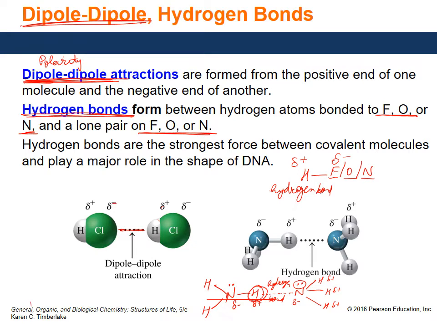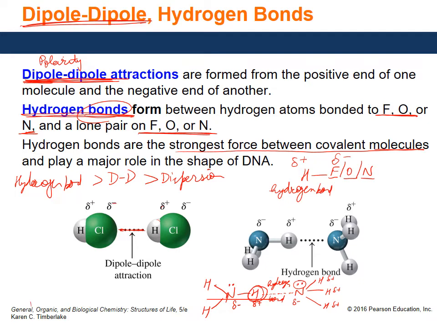Even though the name says it's a bond, this is not a bond. This is still a force of attraction. It is just called a bond. Okay, hydrogen bonds are the strongest force between covalent molecules. So when we talk about the force of attraction, the strongest is hydrogen bond, then it is dipole-dipole force, and the weakest is dispersion force.